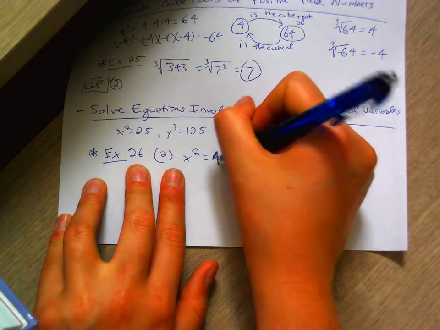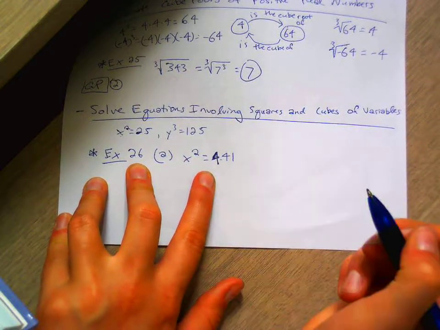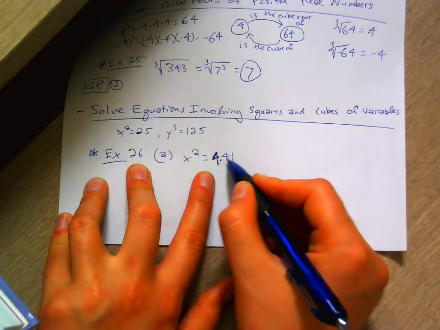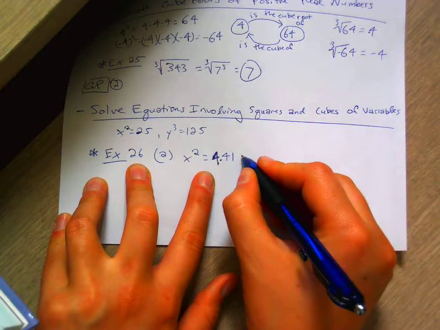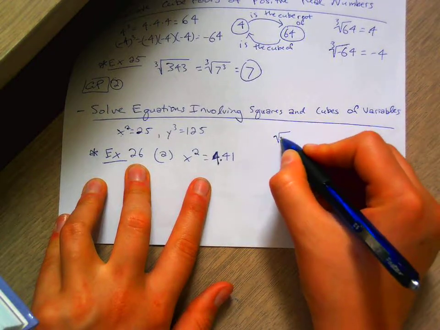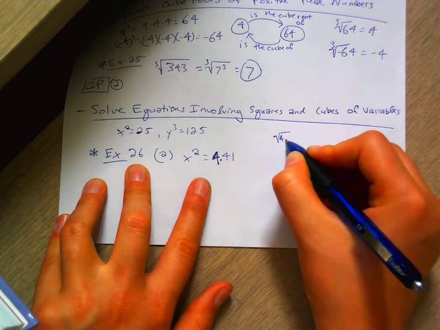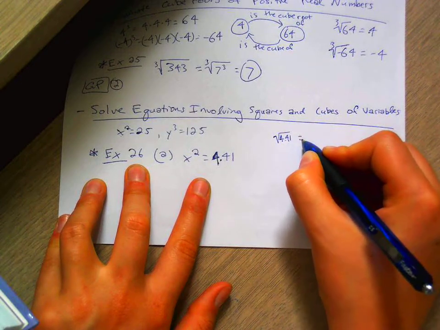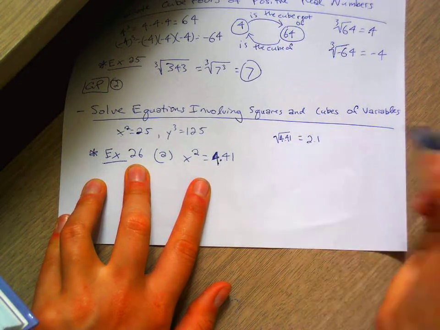So we need to figure out what two things multiplied times each other equals 4.41. To do that, I'm just going to make a little extra spot up here. If we put 4.41 in our calculator, it's going to tell us the square root of 4.41 is 2.1.